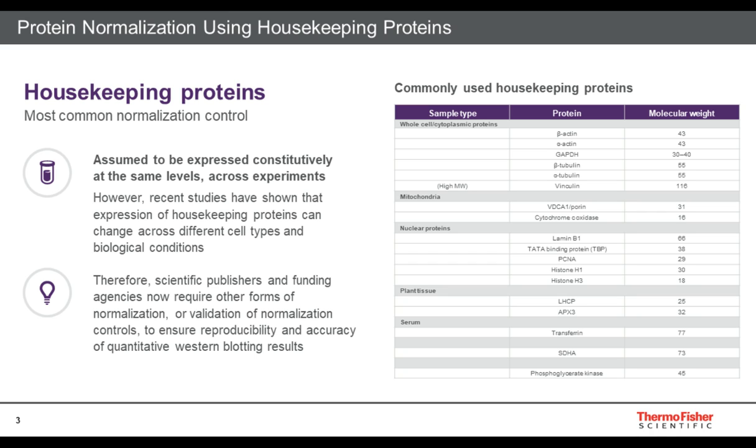However, recent studies have shown that expression of housekeeping proteins can change across different cell types and biological conditions. Therefore, scientific publishers and funding agencies now require other forms of normalization or validation of normalization controls to ensure reproducibility and accuracy of quantitative Western blotting results.